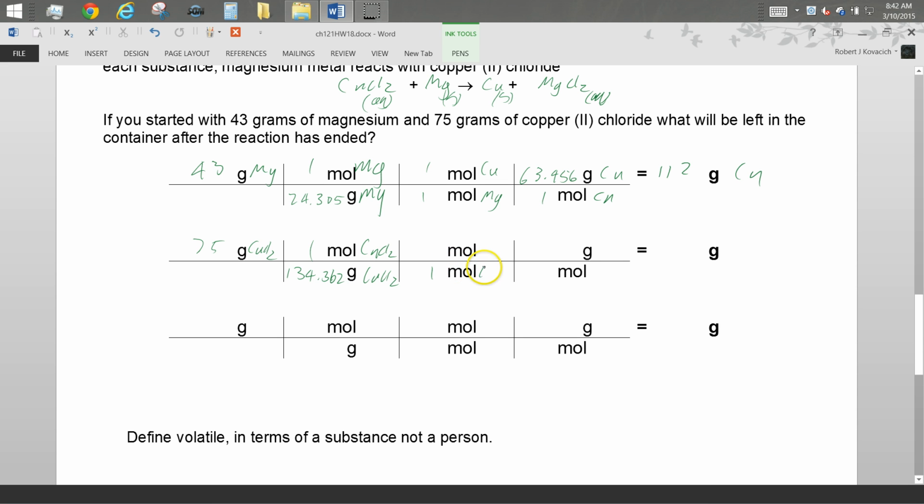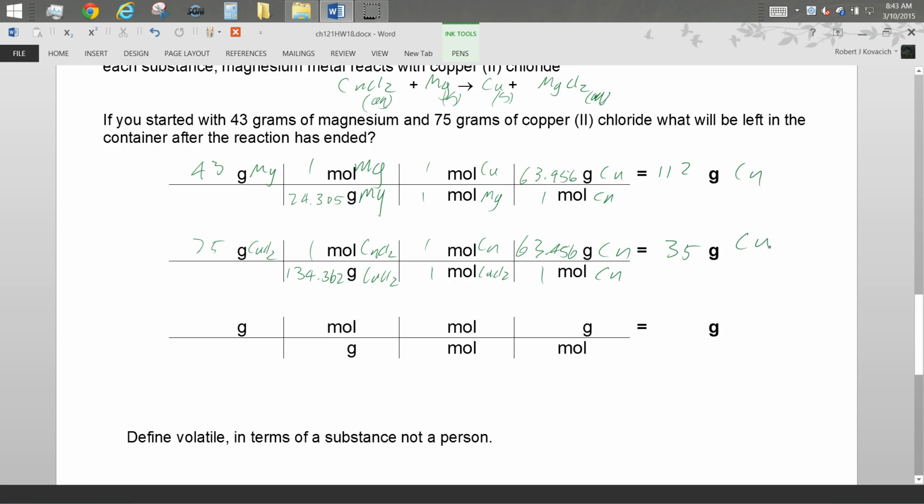And this is 1 CuCl2, 1 Cu, 63.456. Okay, so 75 times 63.456 divided by 134, and I got 35 grams of Cu.